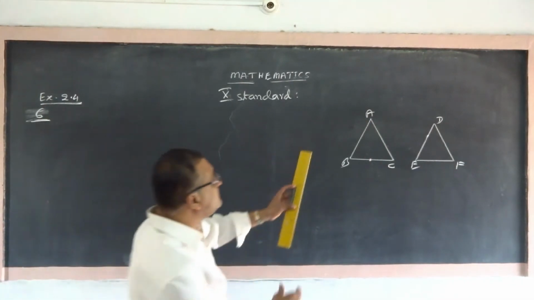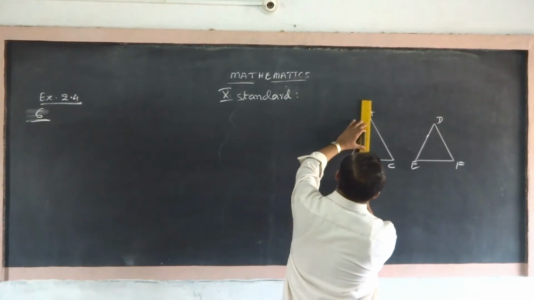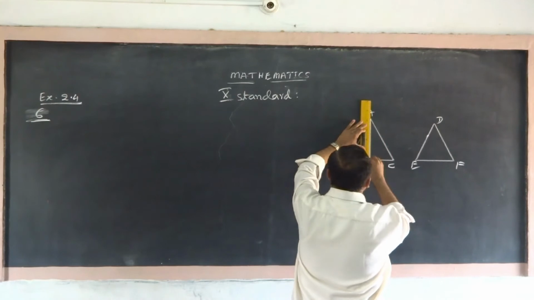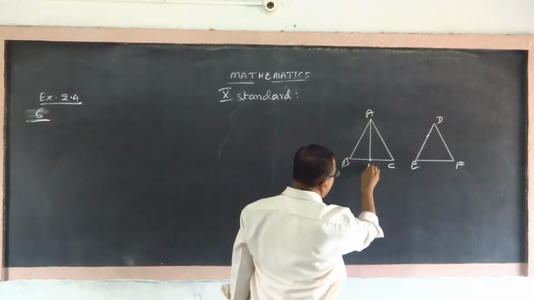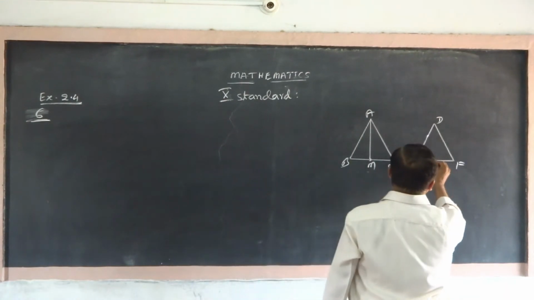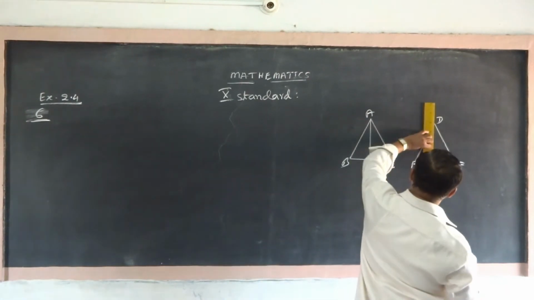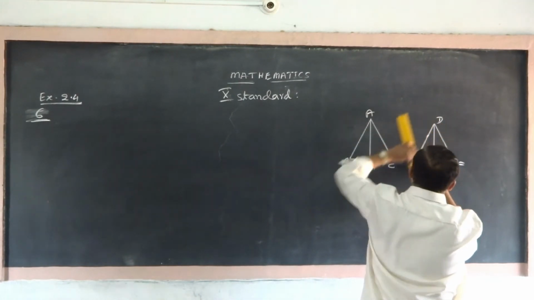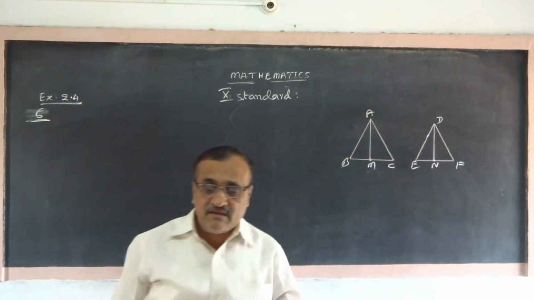Then we call this a median. Median is a line segment which bisects this side. So this is AM. Like that, let us mark the midpoint here and join it. Let it be N.